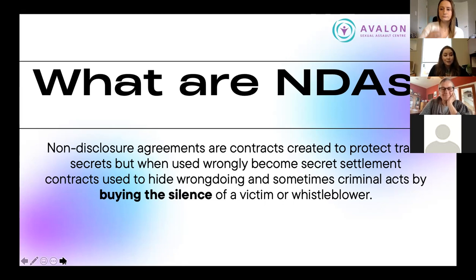They are often used in large institutions for its members and students and employers, such as post-secondary, churches, the RCMP, military, but have been common among workplaces of all kinds. So today we will be focusing more on non-disclosure agreements within sexual violence cases and the impacts.